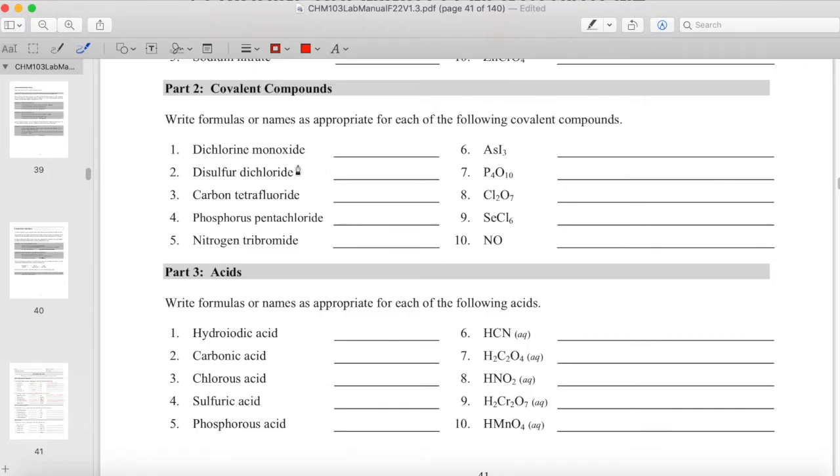Okay? But you'll notice at the start of these words, we have certain Greek prefixes like di or mono or tetra, penta, tri. These are all Greek prefixes that reference some sort of number. Now, you do need to memorize these prefixes.